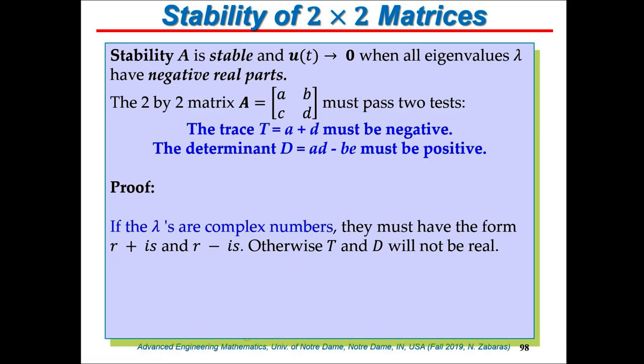So if you assume that lambdas are complex, they will be conjugate to each other, so it will be of the form r plus is and r minus is. So if you take the trace of this, the trace will be 2 times r.